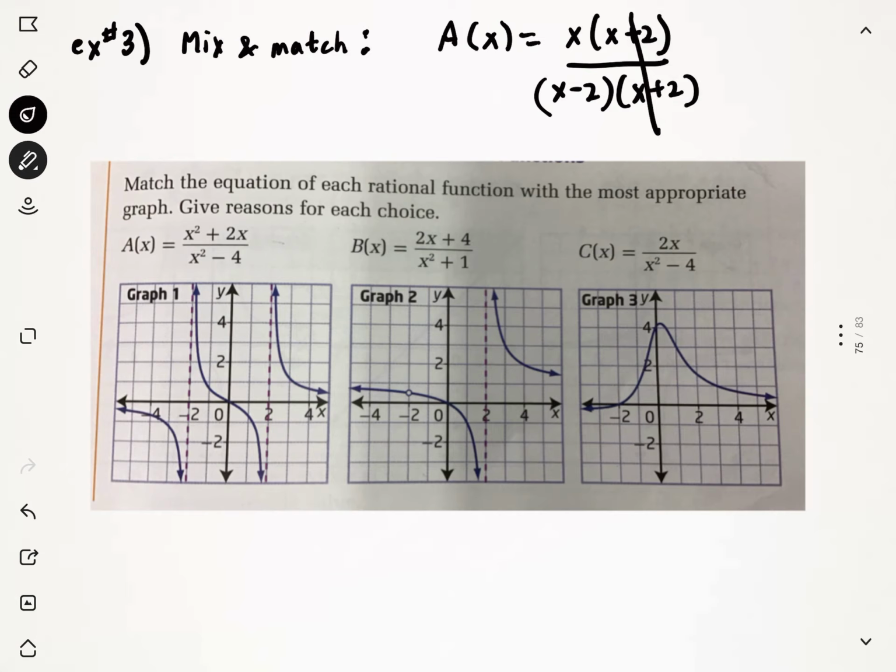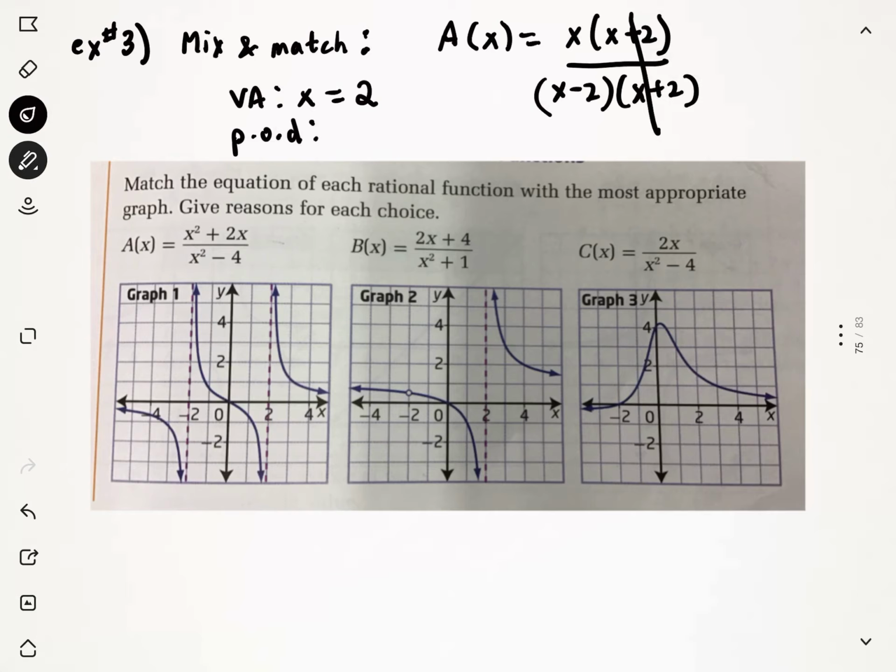That lets us know we have a vertical asymptote and a p.o.d. The vertical asymptote is the one on the denominator that does not cancel, the factor x minus 2. So x equals positive 2 is the vertical asymptote.